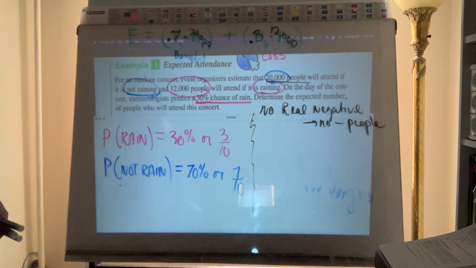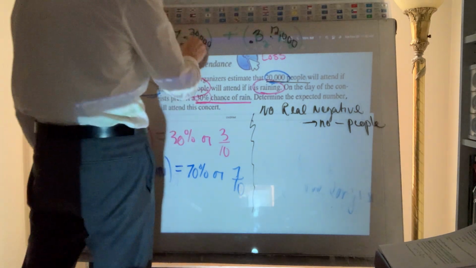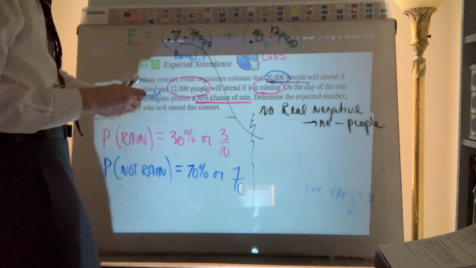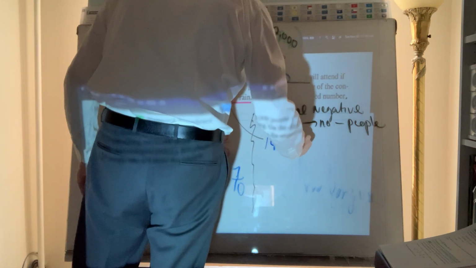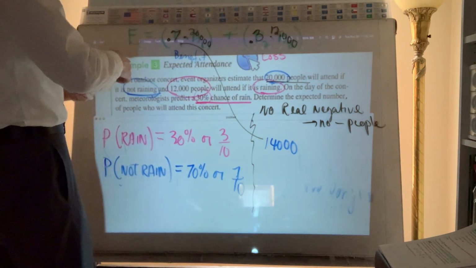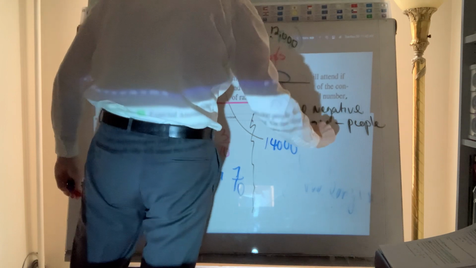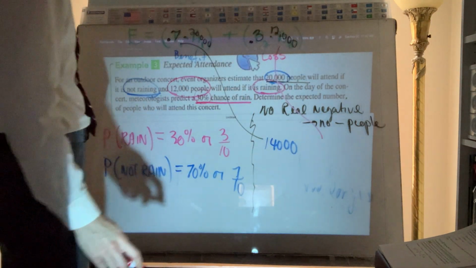All right. So 0.7 times 20,000 ends up being 14,000. If you have a possibility of rain, people are still coming. 0.3 times 12,000 would be 3,600.